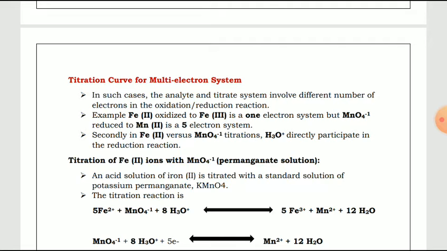In this reaction, the ferrous ion is converted into Fe3+, that means oxidation takes place. The second reaction is MnO4- plus 8 H3O+ plus 5 electrons, which gives Mn2+ plus 12 H2O.